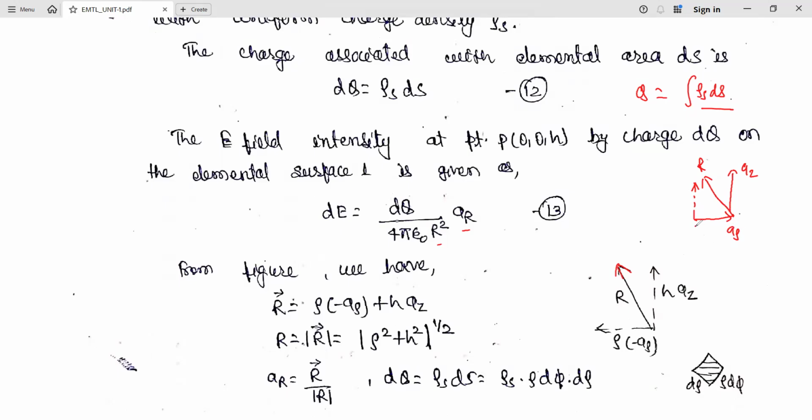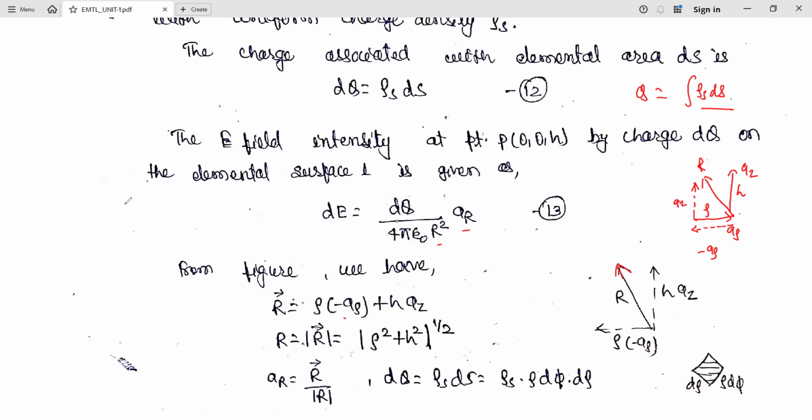Then only we'll have the head and tail combination. So this will become minus a rho, and this will be a z only. So that's why r is written as minus rho a rho plus h a z. This height is h, this distance is rho. So that is in the vector form. Finally, the magnitude of that, the modulus of r, equals root under rho square plus h square.